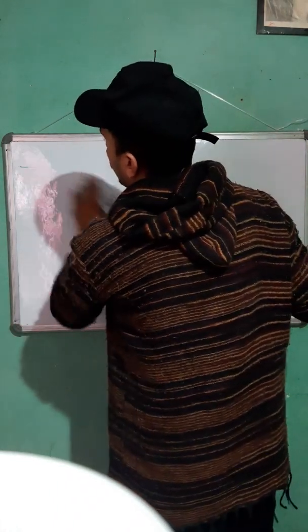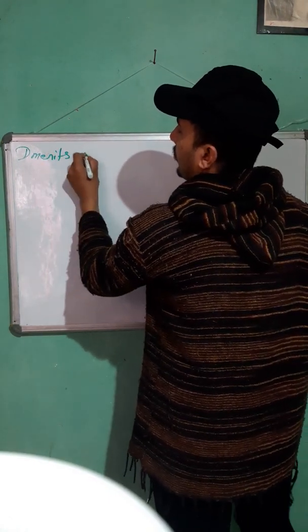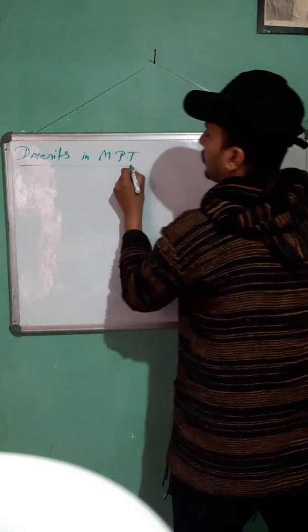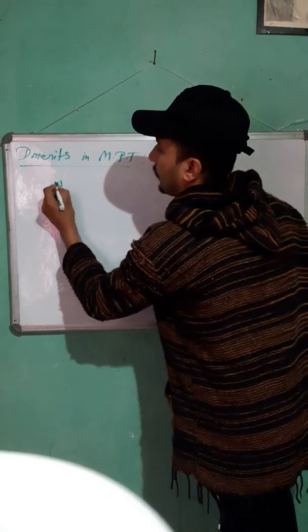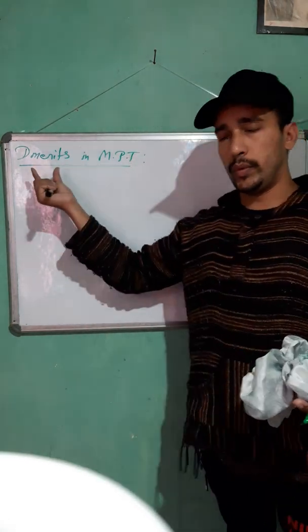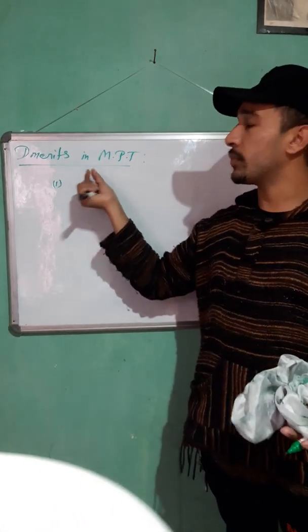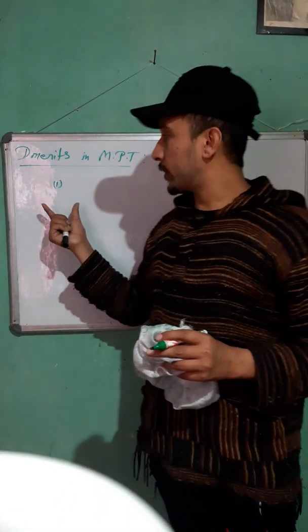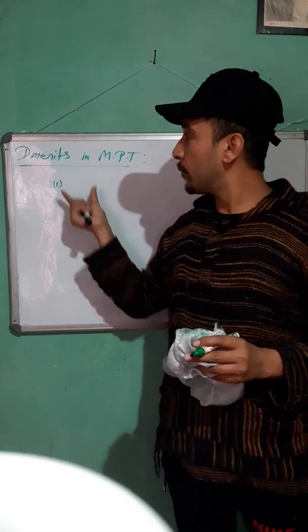Next are the demerits or defects of the modern periodic table. You make a question: state two defects in modern periodic table, or state some demerits of modern periodic table. The answer will be, first of all, the position of hydrogen is controversial in modern periodic table.